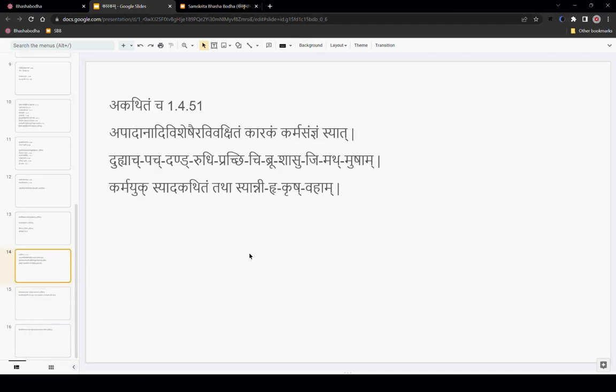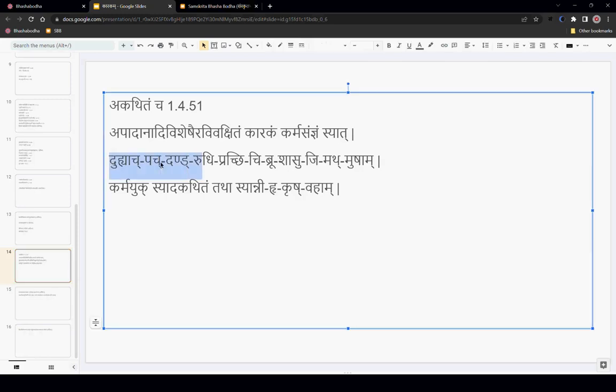Where is that? Here. So we'll look at the meaning of this first sutra later. Now, you look at this one first. दृश्याच पच दंड रुधि प्रच्छि ची ब्रू शासु जी मथ मुषाम कर्मयुक् स्यात् अकथितम तथा स्यात् नी हृ कृष वहाम.